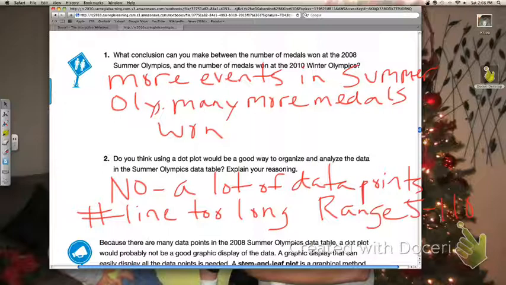Your answer for that would be no, because there is so much data and information in the table. There are a lot of data points that you would have to put on the line plot. Also, the number line would be very long. Your range would actually be from 5 to 110 because that's the lowest and highest data point. So hopefully that's what you came up with for your 2 answers when you discuss with your groups.